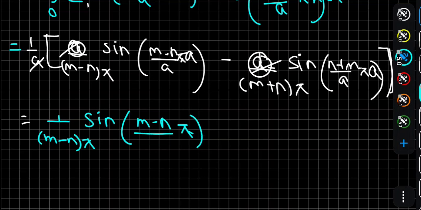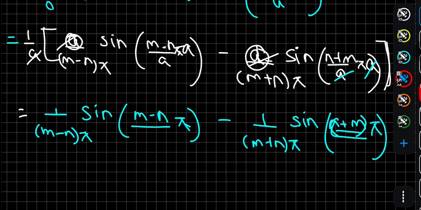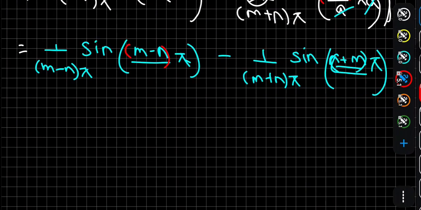Okay, this is the condition, and minus 1 by (m plus n) pi sine of (n plus m), a and a will cancel out, and here it's pi as a whole. Again, I am telling this, pi is as a whole, not on a single. So to avoid this, I will put it in a bracket so that you will not be confused. Okay, so this is the condition for our integral, and we have evaluated this particular integral.